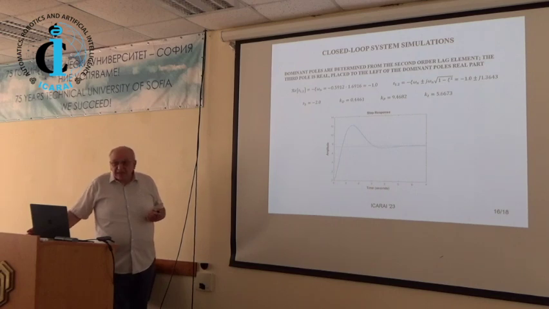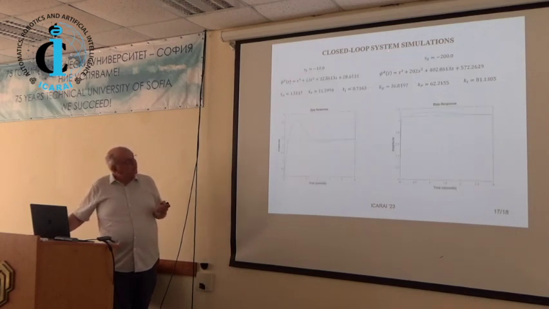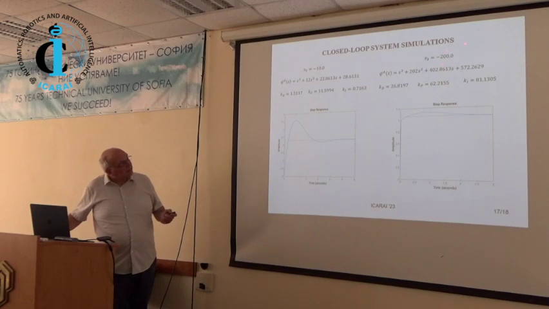The settling time is satisfied, but the percentage overshoot is too high, quite large actually for such kind of system. So we use several other selections like this one, and finally that one.